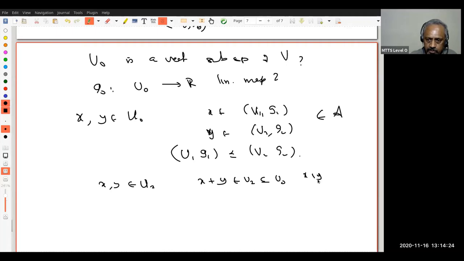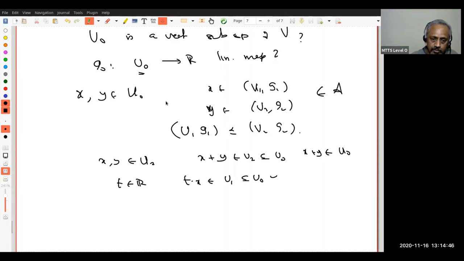Therefore, x plus y belongs to u0, so u0 is closed under addition. Similarly, if t is a scalar, then t times x belongs to u1, which is contained in u0. Therefore, it's a vector subspace. Next, I have to prove g0 from u naught to R is a linear map. Okay, please pause, review, proceed.